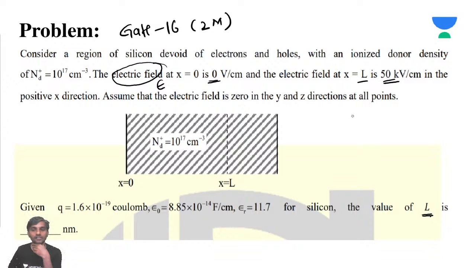He is mentioning dE by dx. We know dE by dx is going to be rho by epsilon.